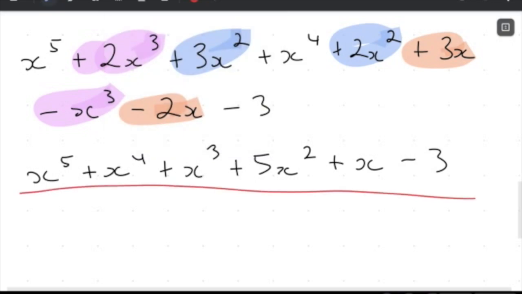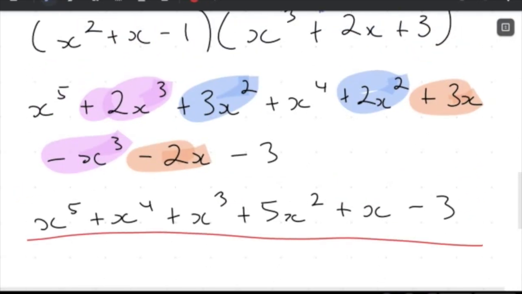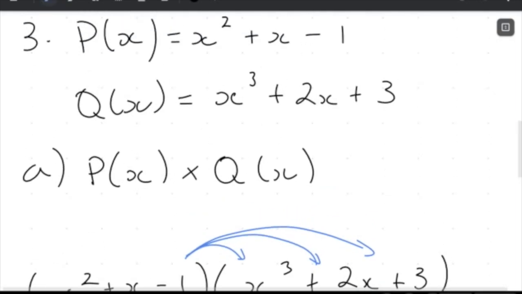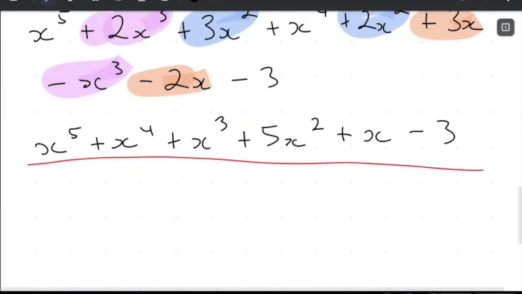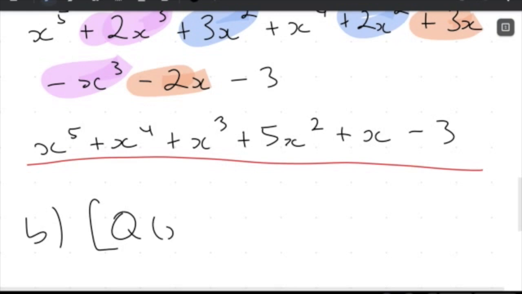Alright, we're going to look at one more example based on these two polynomial expressions. So my final one, part B, is I want to find q of x all squared. Now, when we square a number, it just means we multiply it by itself.